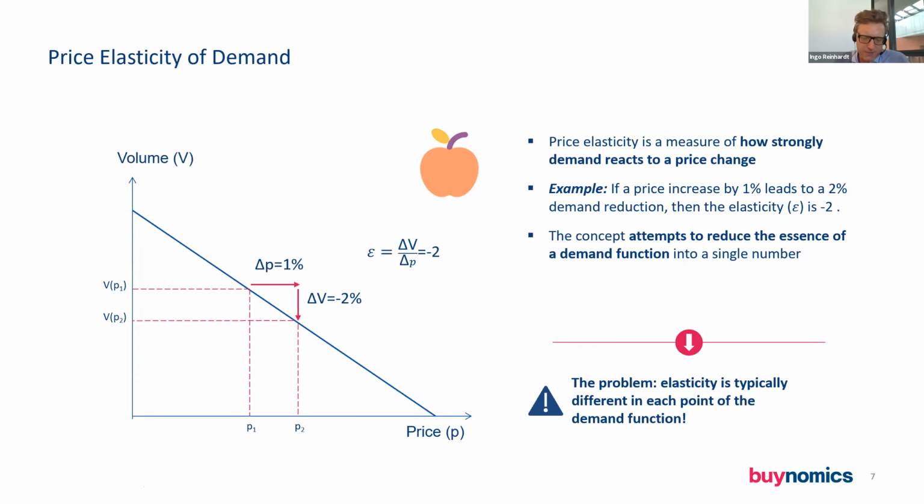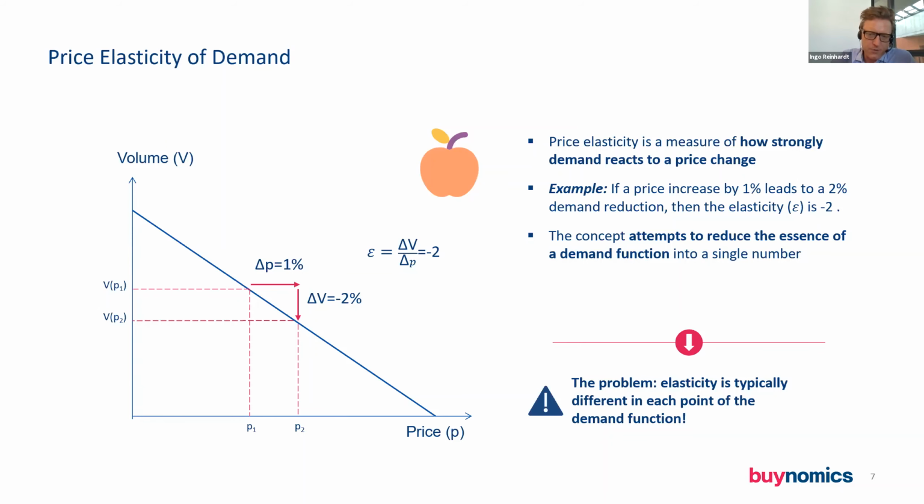So saying something like the price elasticity of this product is -2 doesn't really make sense, because the price elasticity of a product depends on what other products cost, and also depends on the price of this particular product. So it's a very challenging concept, but conceptually it's something that's very useful for understanding pricing.